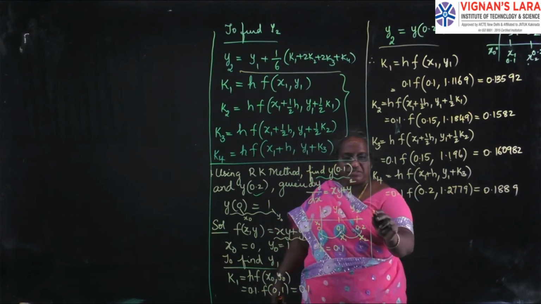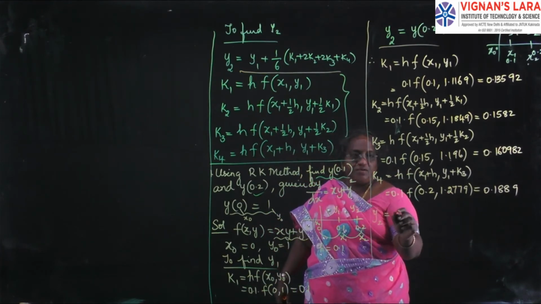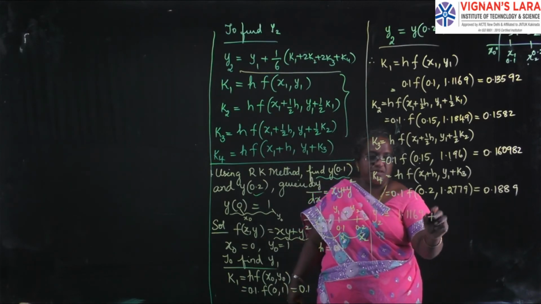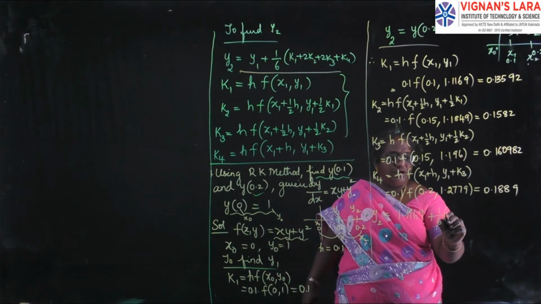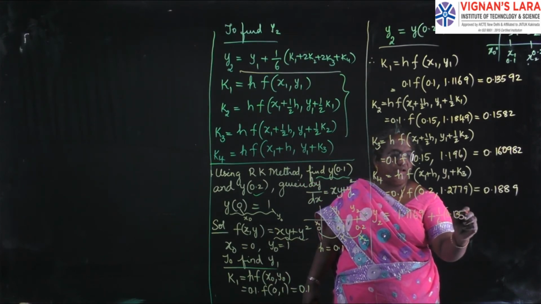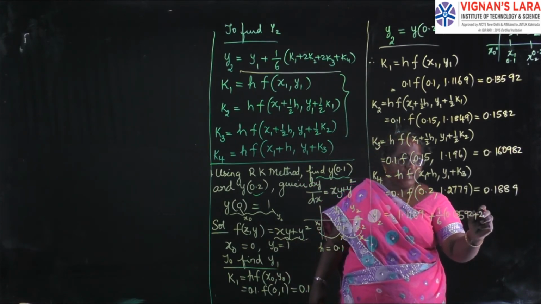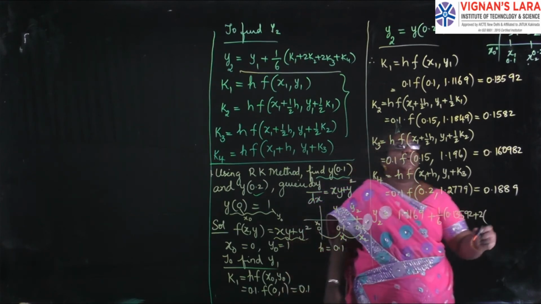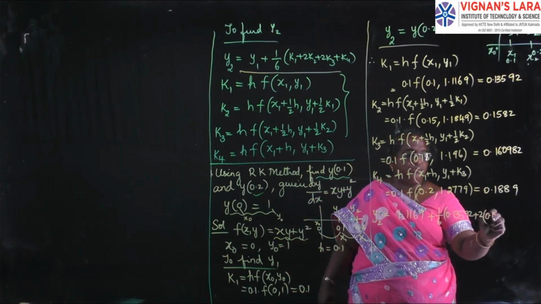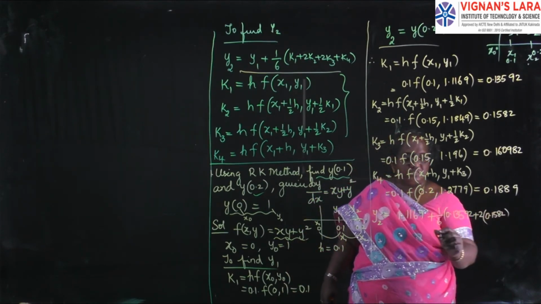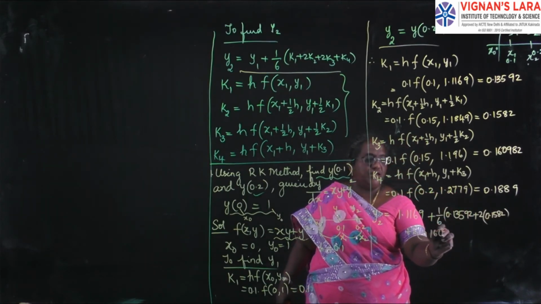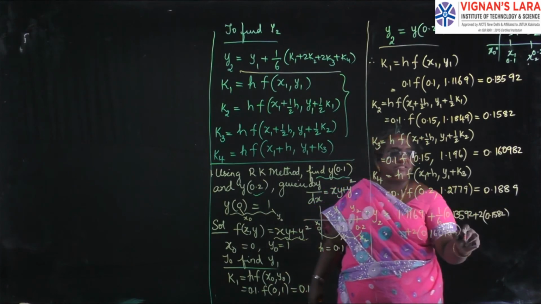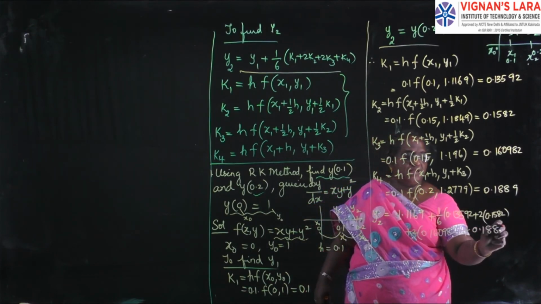So now we will substitute all the obtained values in the formula for y2. So y2 is equal to y1. What is our y1? 1.1169 plus 1 by 6 into k1. So k1 value is 0.13592 plus 2 times k2. k2 is 0.1582 plus 2 times 0.160982 plus k4, 0.1889.